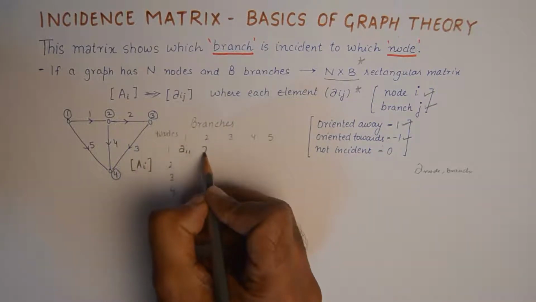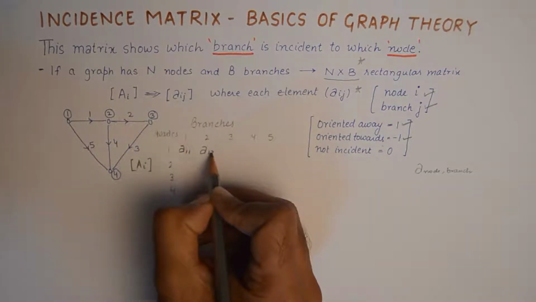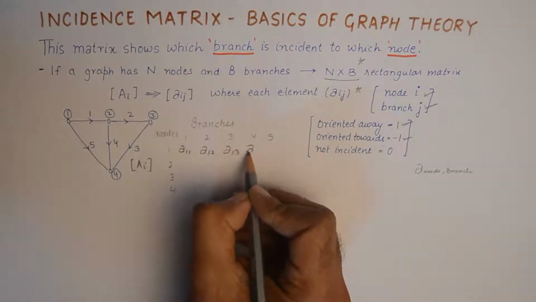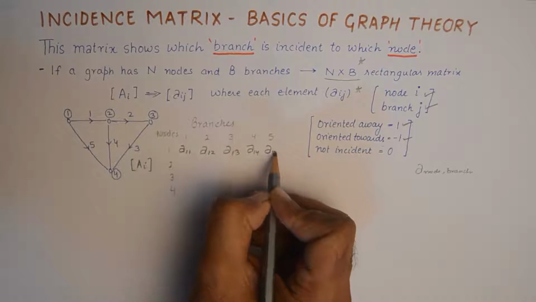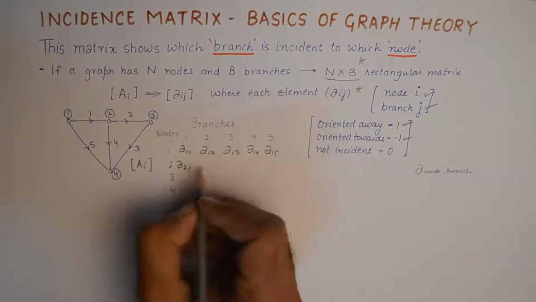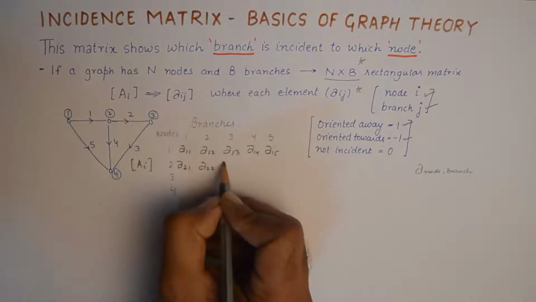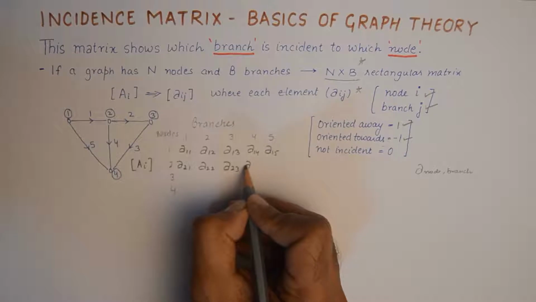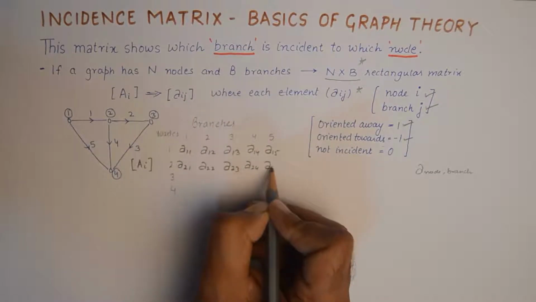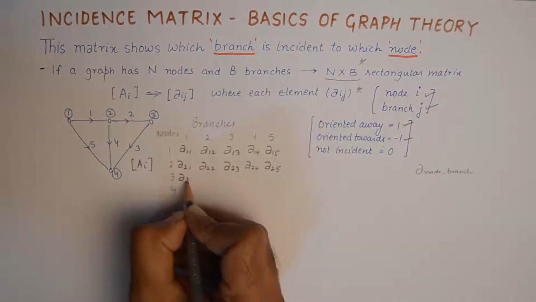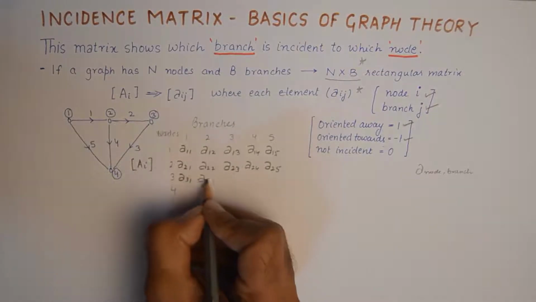So this is going to be a_12, a_13, a_14, a_15, and so on. This is going to be a_21, a_22, a_23, a_24, a_25. I'll fill this up quickly.